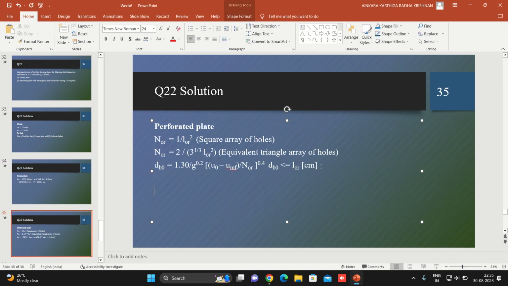So LOR is equal to 2 centimeter. So NOR is equal to 2 by, so this would give us 3 into 4 and 2 divided by this.